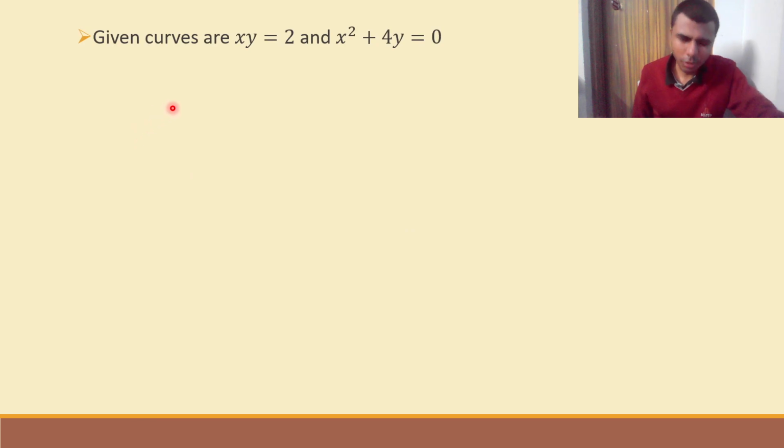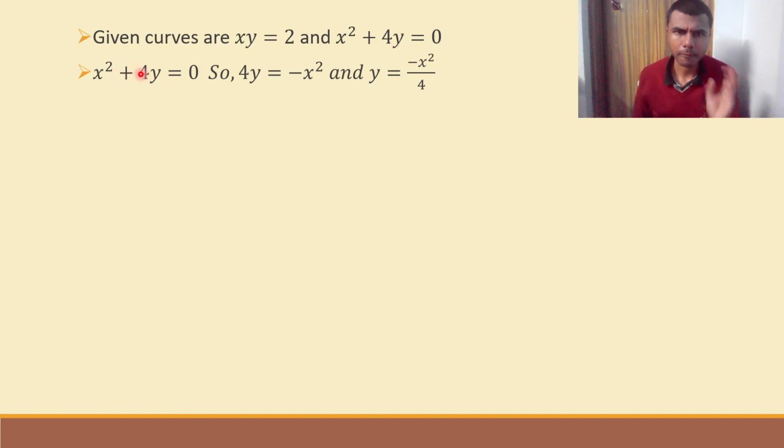Now to find the point of intersection, I need to simplify. Literally I need to solve. So take this equation first, x square plus 4y equal to 0. Send the x square to the RHS, so I'd get 4y equal to minus x square.